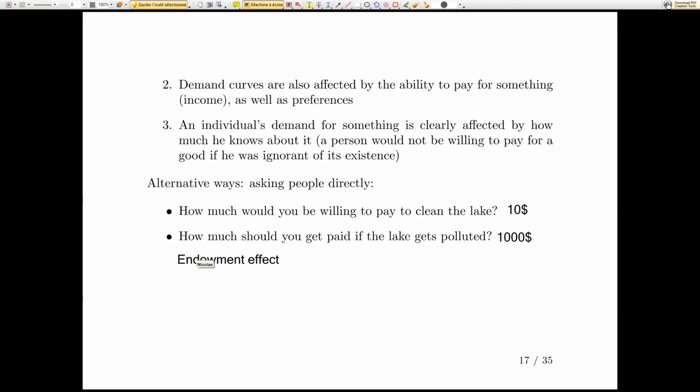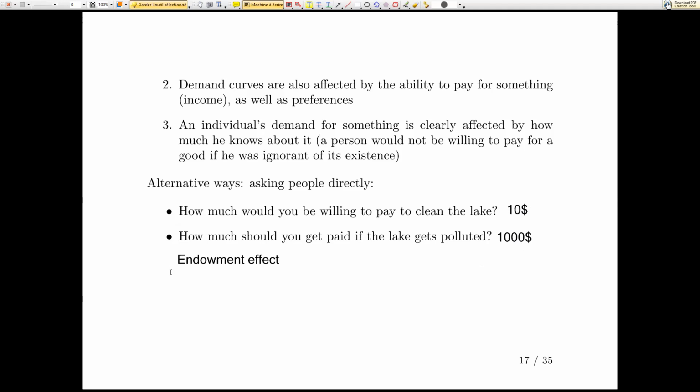But when you don't have it, you're like, my life is perfectly fine without it anyways, and you're not ready to pay a lot to get it. For economists, that's very problematic because we have to assume that the way we present things or ask questions shouldn't influence the number we get. It should be the same if it's the same level of pollution, and yet people act differently.